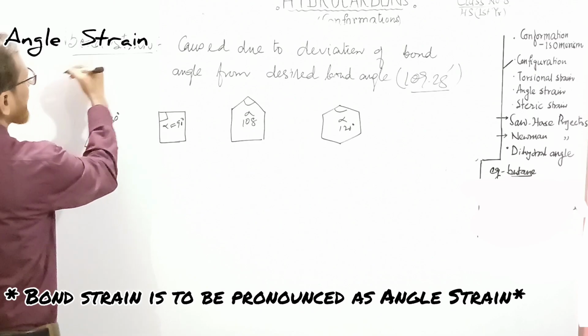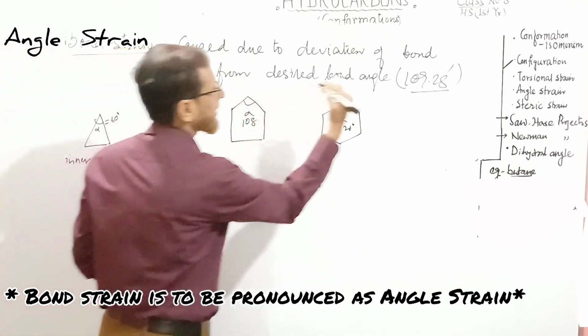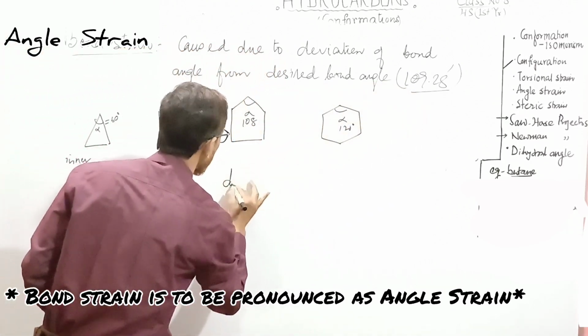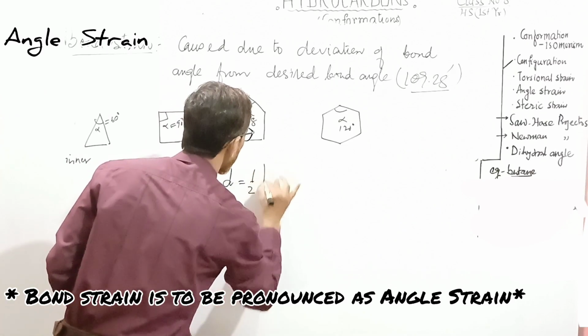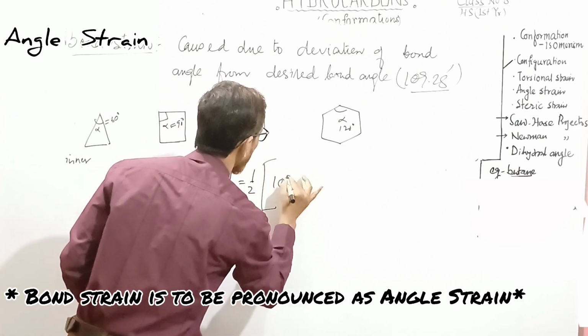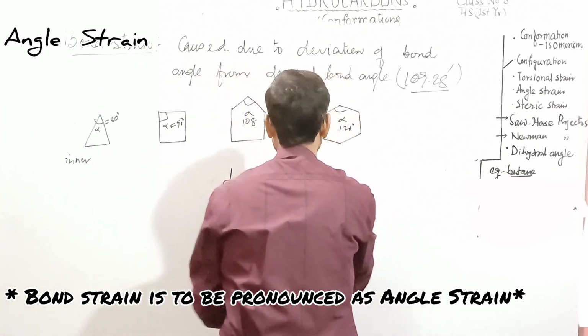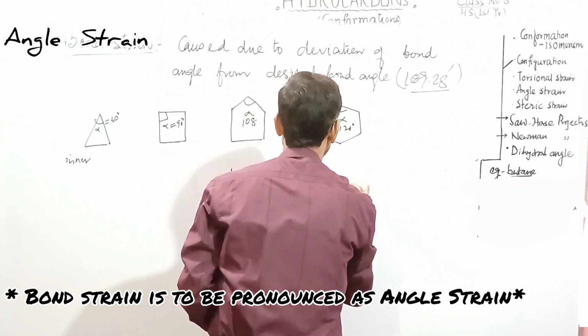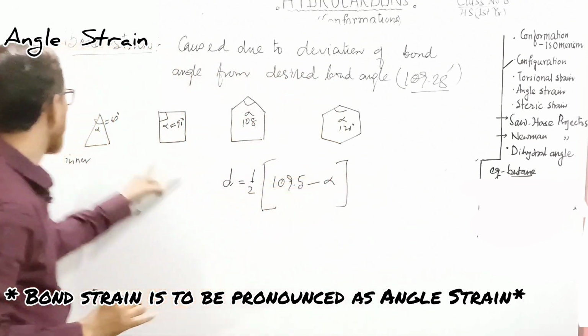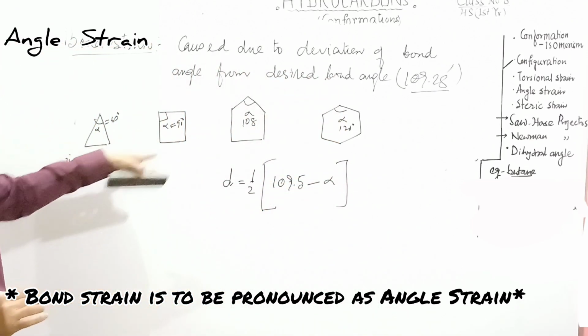Here alpha is the inner bond angle of a cyclic compound.